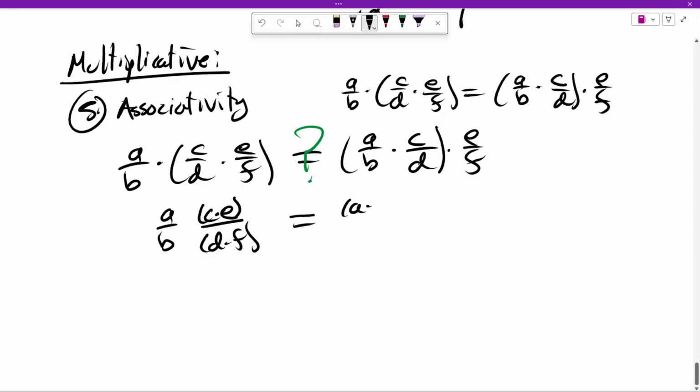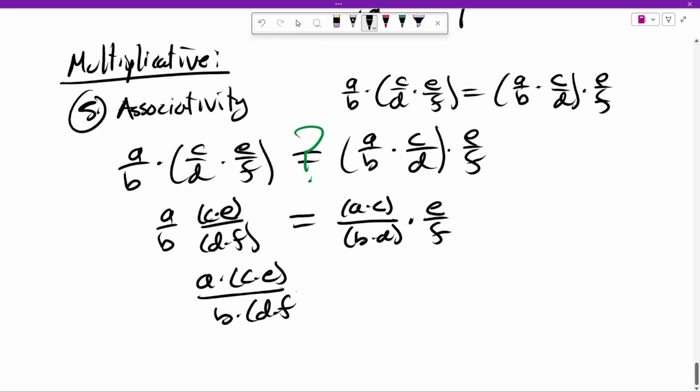And then this guy is a times c over b times d, times e over f. And so then this product on the left is going to be a times the quantity c e, over b times the quantity d f. And then we'll get a similar expression on the right-hand side.